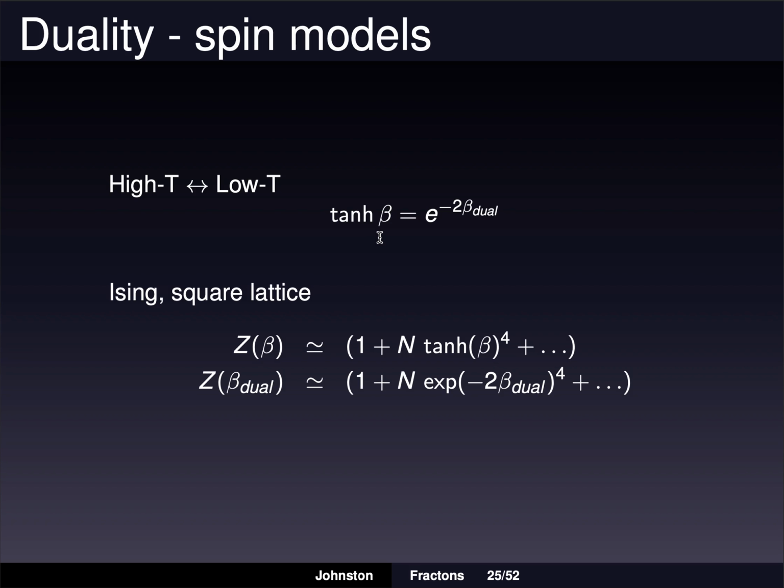And you can show that the coupling constants in the two models, the original and its dual, are related like this. For instance, a square lattice Ising model, if you have a look at a low temperature expansion, you get something that looks like this. If you go to the dual, which again is a square lattice, and have a look at the high temperature expansion, you get this, similar in form, so long as you make this identification between the different parameters.